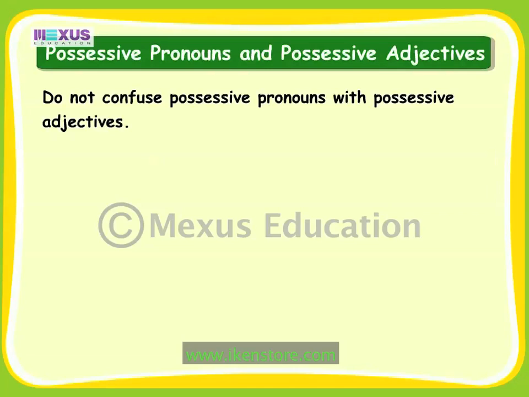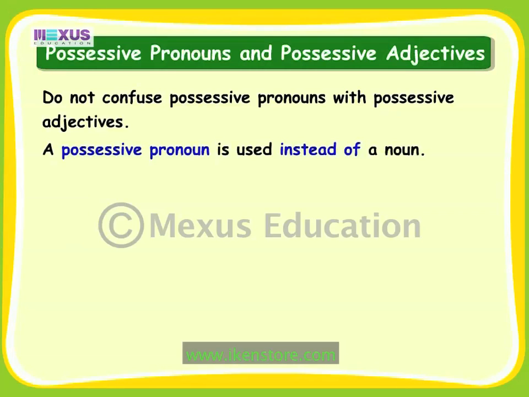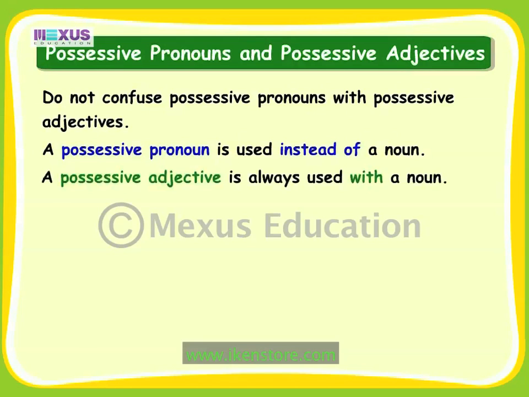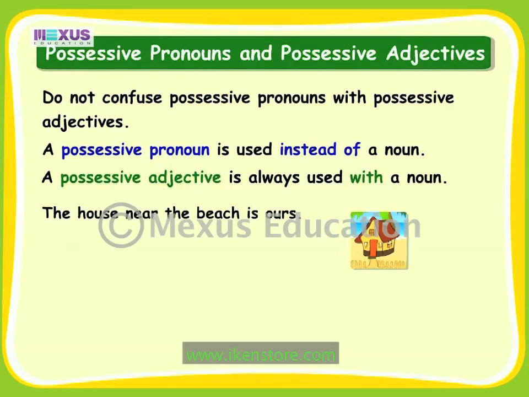Do not confuse possessive pronouns with possessive adjectives. A possessive pronoun is used instead of a noun, whereas a possessive adjective is always used with a noun. Look at the following examples. The house near the beach is ours.